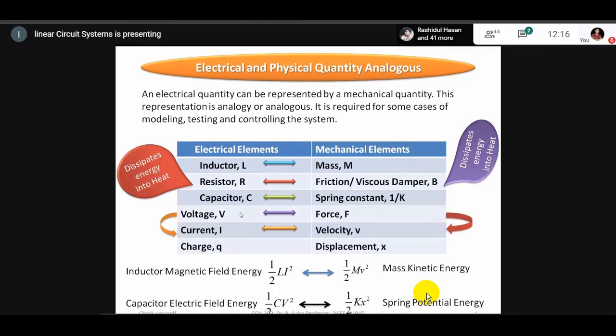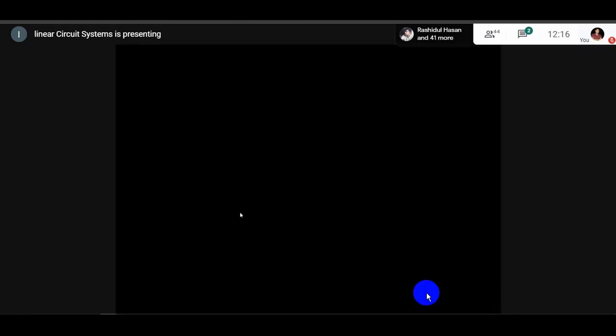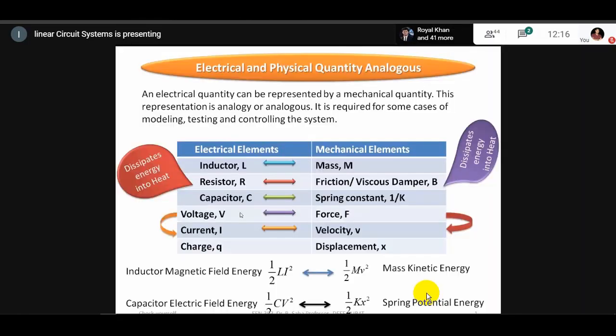It's almost similar, and it has good logic also. That's why I have picked this analogy system. Any analogy can be applied to convert mechanical elements to electrical elements, or vice versa. There's no problem, all right?